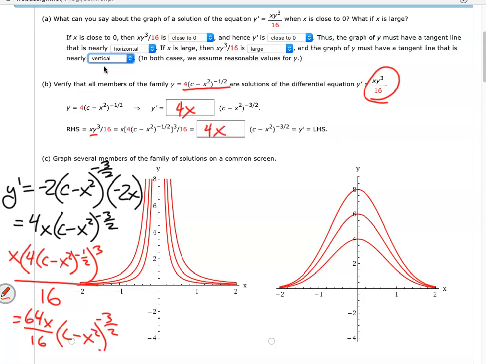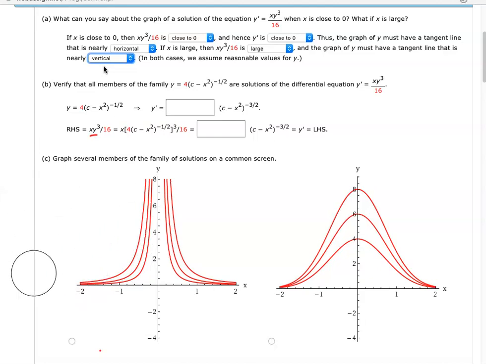Whoa, it's like they match. So they're just having you check if it's true. They have you check the left side by finding y prime, and then check the right side by plugging the y in to see if they're the same. Okay, so that's that part of that problem.